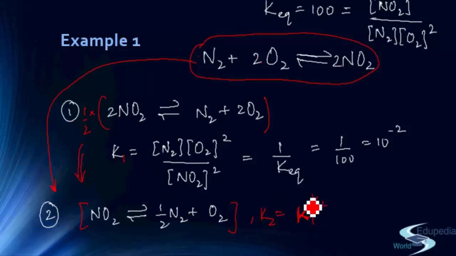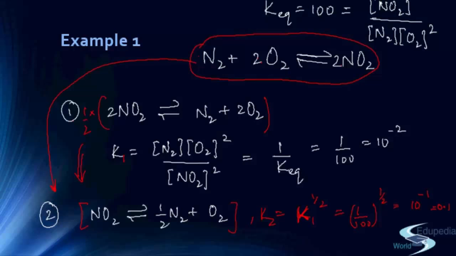Here the factor is half, so the new equilibrium constant is simply 1 by 100 raised to the power 1 by 2, that is the root of 1 by 100, which is 10 to the power minus 1. So 0.1 is your equilibrium constant for this new reaction. These are the kinds of questions which might come based on that.